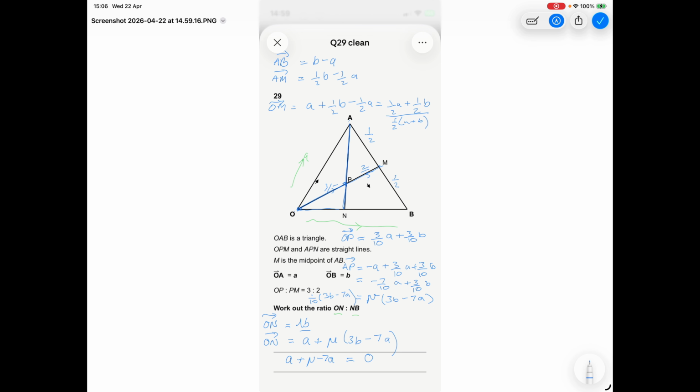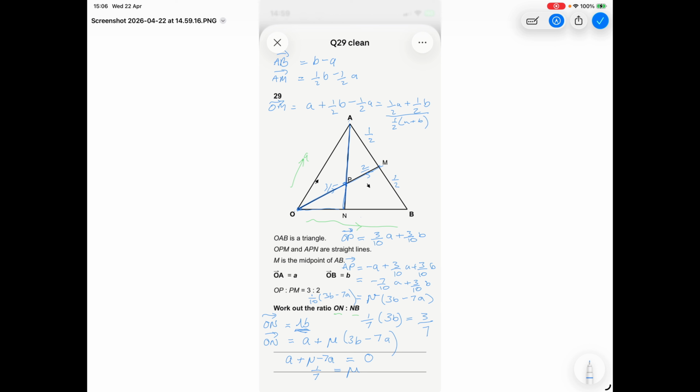So what do we times minus 7 by to get 1, which is 1a? Well, we times minus 7 by 1 over 7. So mu equals 1 over 7. So now we know that the bit of b that it's going to be is 1/7 times 3b, which equals 3 over 7.